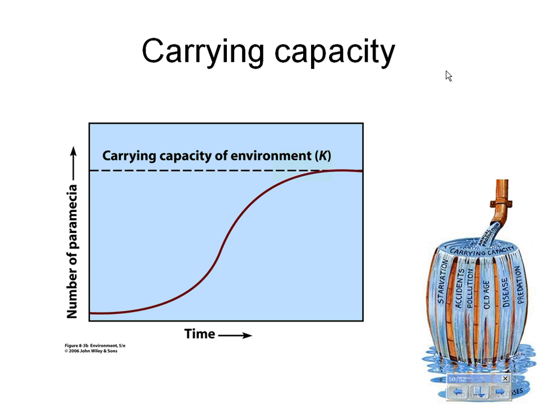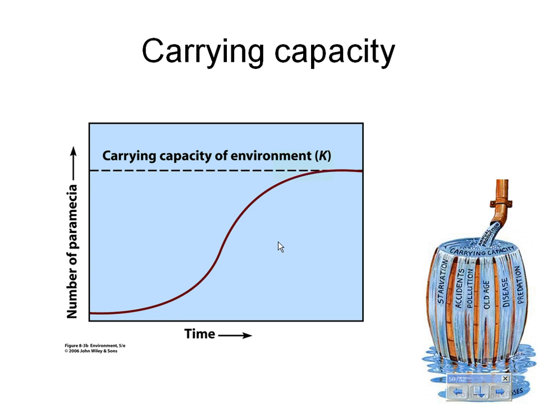And you should be able to look at the graph of carrying capacity. And here we have a number of paramecia. This could be any animal or organism. And time on our X. Notice that this is an S-curve, and that this population has reached their carrying capacity.